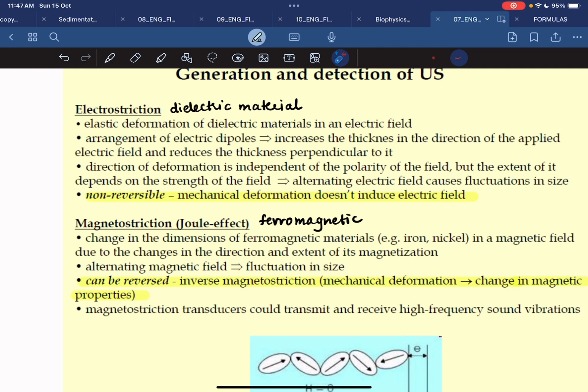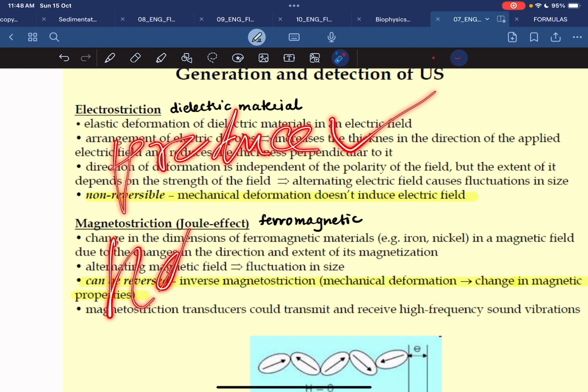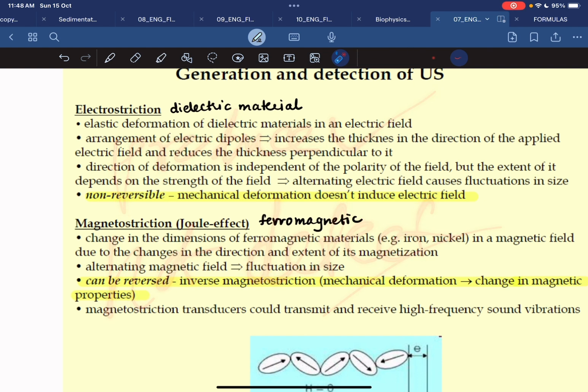So we can detect ultrasound using the piezoelectric effect as well. But using electrostriction, we can only produce, not detect. Non-reversible: mechanical difference does not induce an electric field.